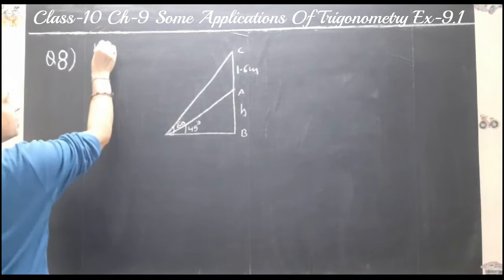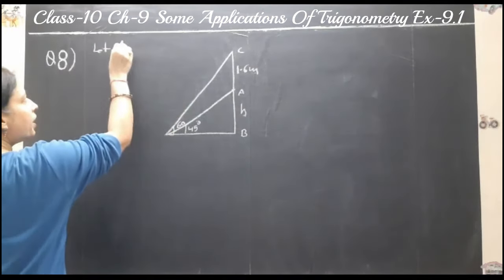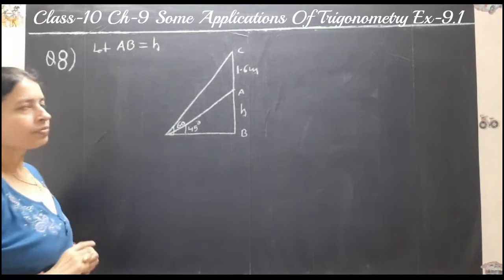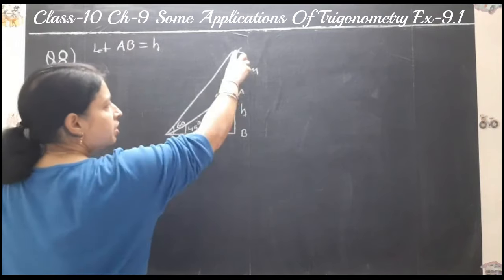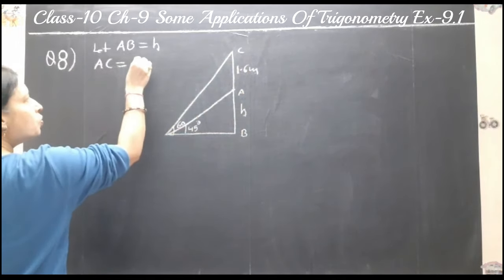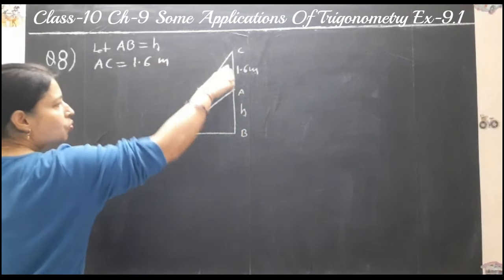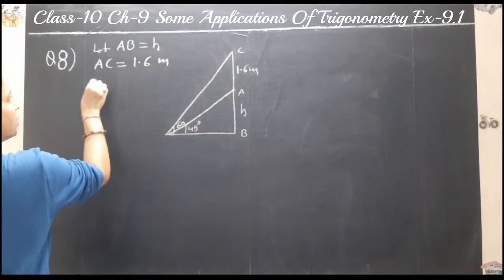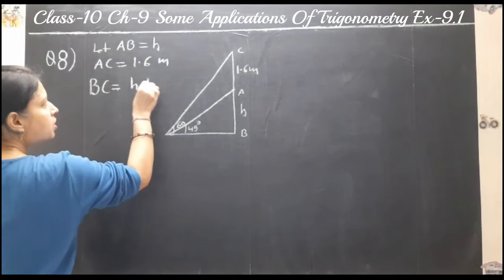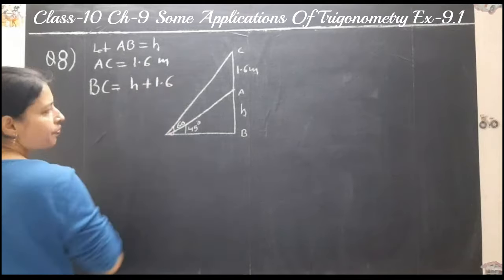So first write here, let AB be equal to h. And write what is given. This AC is given, AC is equal to 1.6 meter. So what will be BC? Yes, BC will be h plus 1.6.